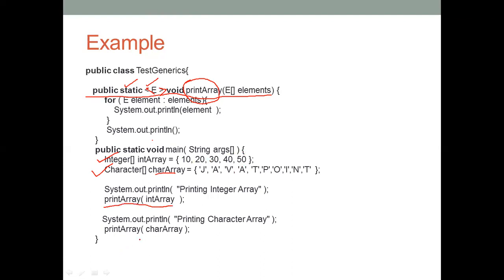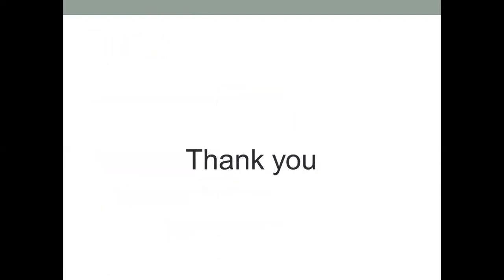When I invoke printArray by passing the character array, JAVATPOINT, all this will be printed. So this is how we use the generic method for different kinds of arrays.